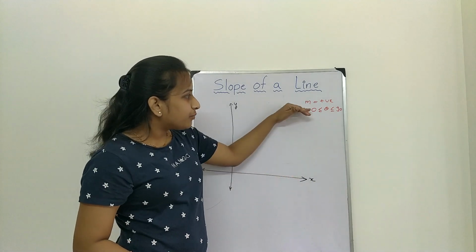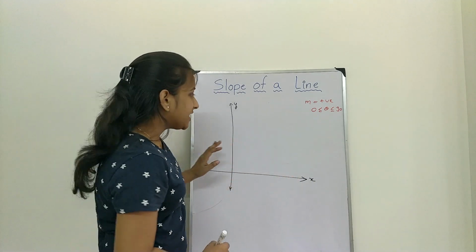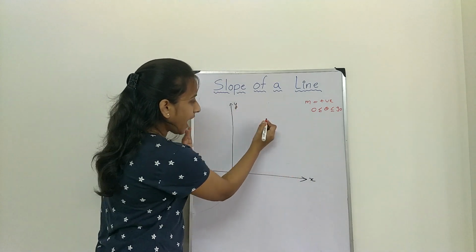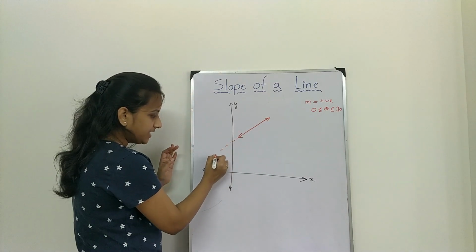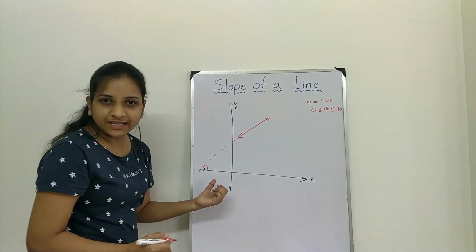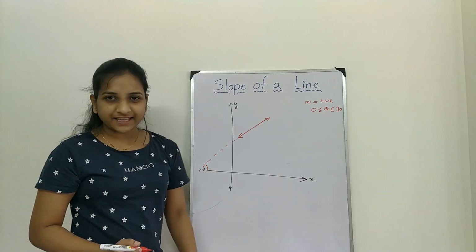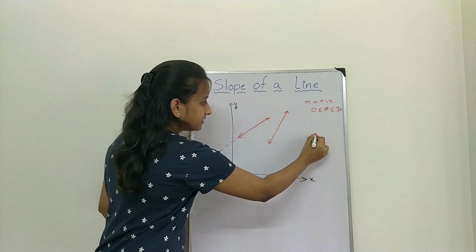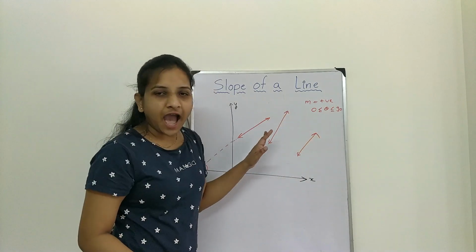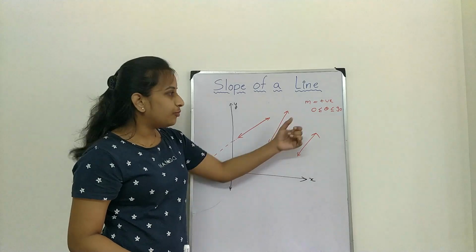It means positive slope lines are always like this, acute angle lines. See, this line is making an acute angle with the x-axis. Any line like this has positive slope.